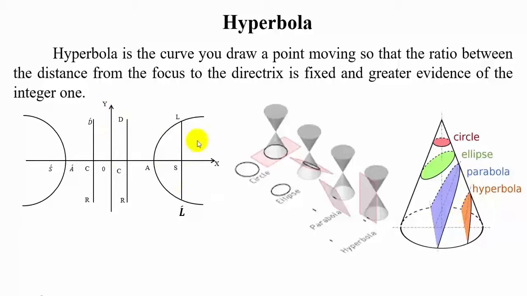In the hyperbola we have two opposite shapes, as if we cut the ellipse in half and make it opposite as a mirror, with the y-axis acting as a mirror. So when we look at this, we find that they are opposite in direction.